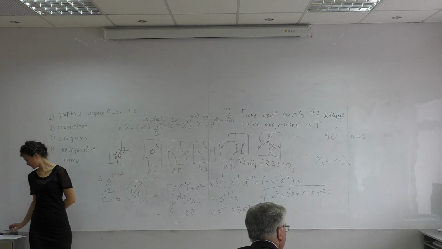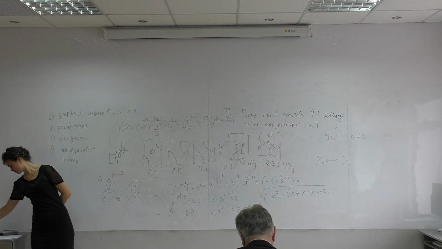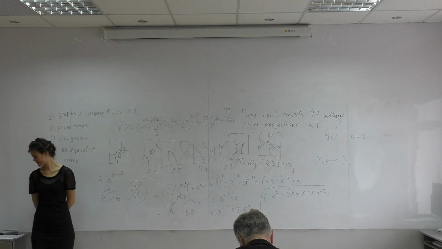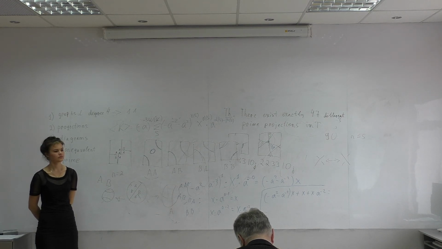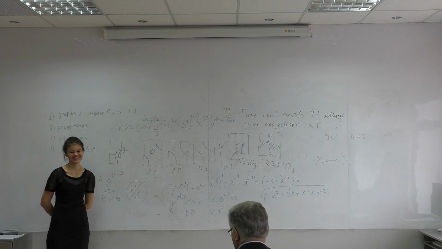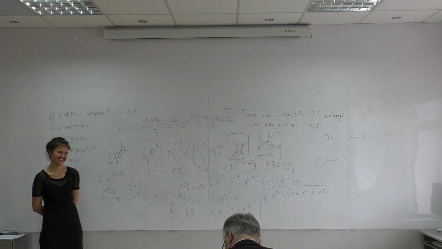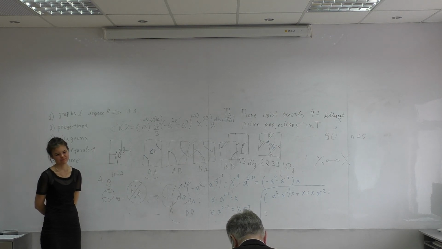Let's have some questions, please. Have you tried to classify knots with 6 crossings? Of course. How many knots with 6 crossings do you have?